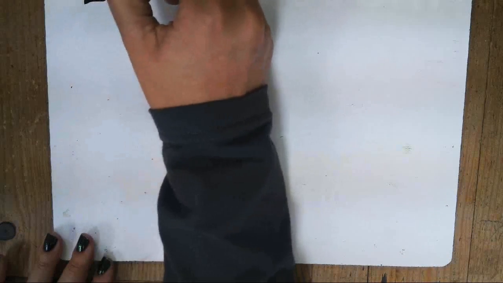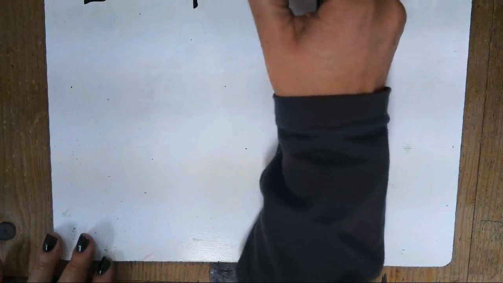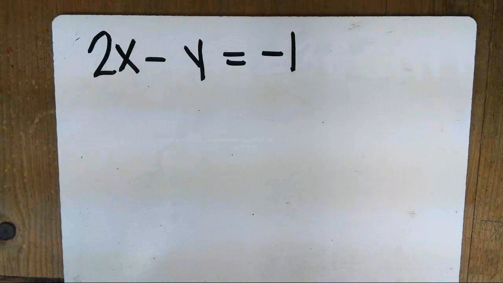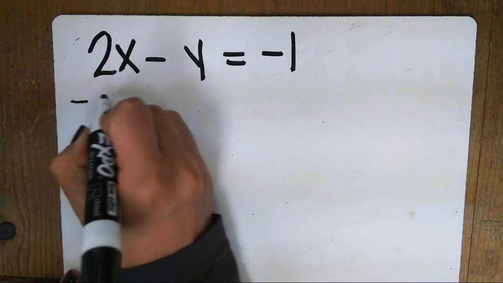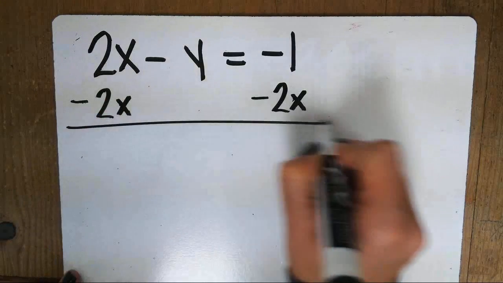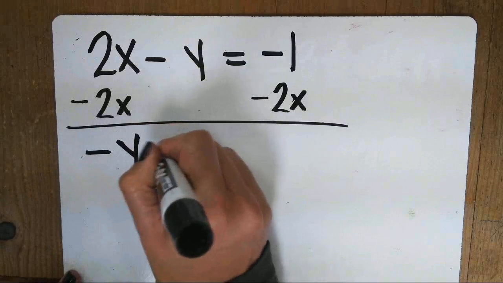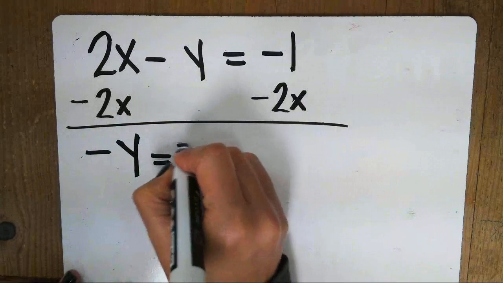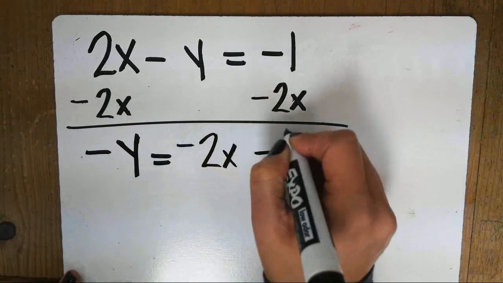Now I'm going to give you another example. So if I give you 2x minus y equals negative 1. If I go ahead and rewrite this equation so that it's in slope-intercept form, again, y equals mx plus b, I can subtract both sides by negative 2x. I have negative y equals negative 2x minus 1.